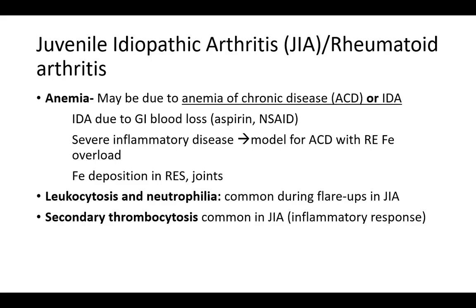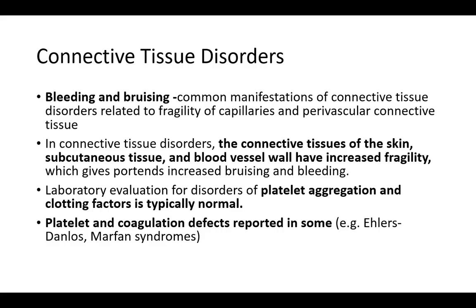It is a typical anemia of chronic disease. But in some cases, you may see iron deficiency anemia due to blood loss through the intestine. Leukocytosis and neutrophilia may be common in flare-ups, and secondary thrombocytosis may also happen.